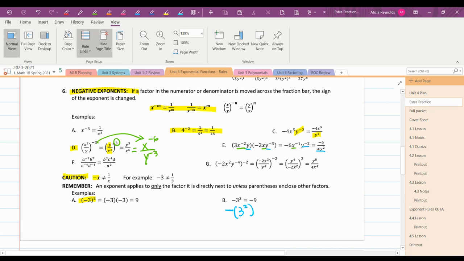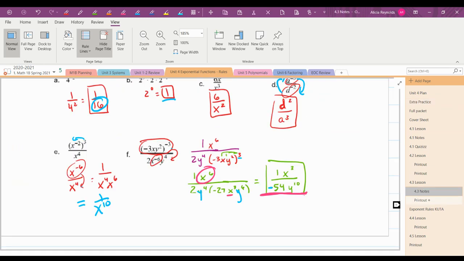But unless it is inside parentheses, we cannot assume that this is saying negative 3 times negative 3. So if we are missing parentheses, then that's going to give us a negative answer. So we need to be careful about that. So that brings us to the end of our notes for lesson 4.3.